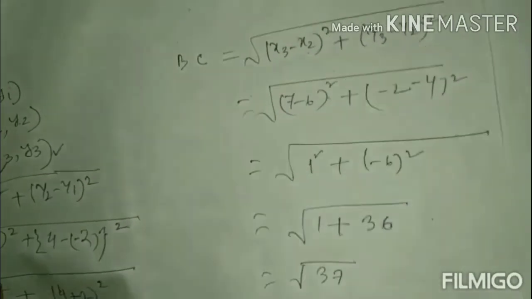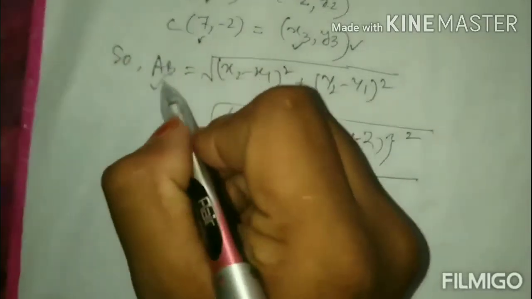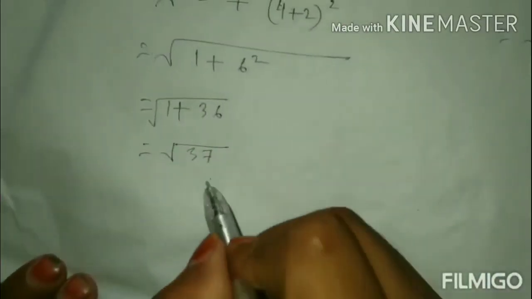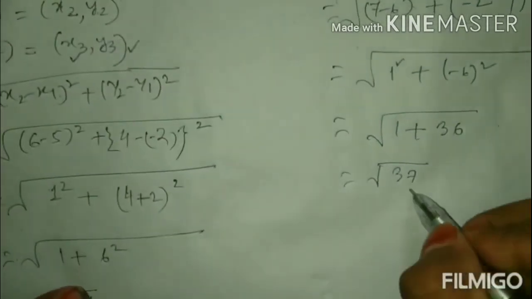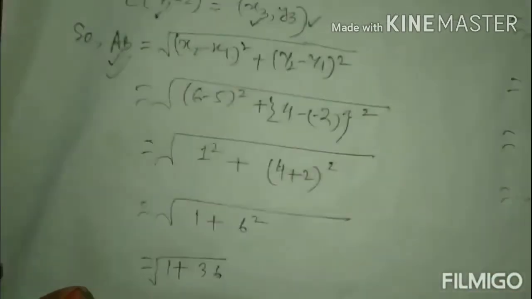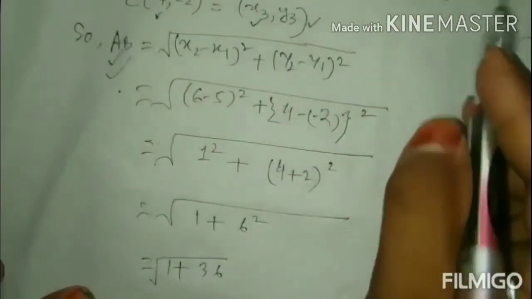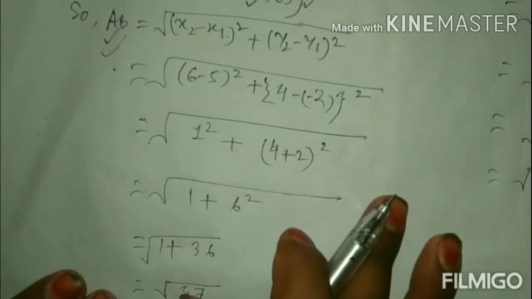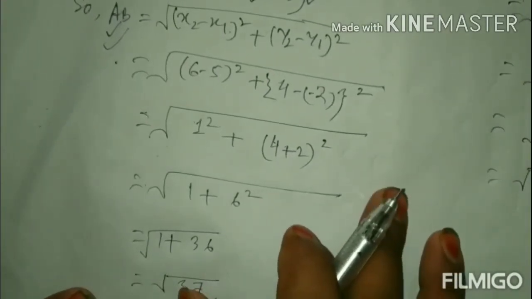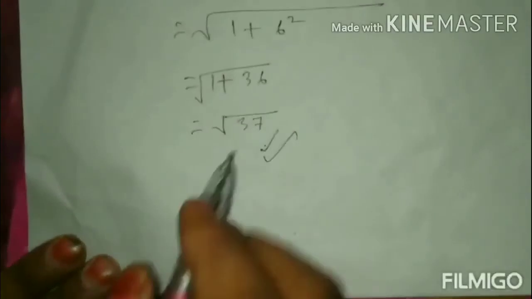So we are getting the two sides of the triangle. One is AB. AB is root over 37 we are getting, and the other side BC is root over 37. So the two sides AB and BC of the triangle are the same. So this will be an isosceles triangle because triangles having two sides equal are said to be isosceles triangles. So what you can write?